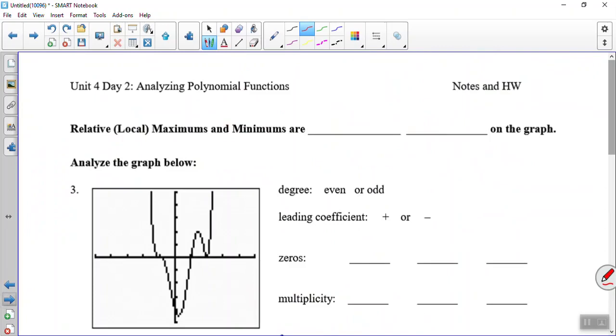Okay, so we talked a little bit about turning points last time. Okay, you see the term relative or local maximum and minimums. All right, all that means is it's where the graph turns, or they are turning points.